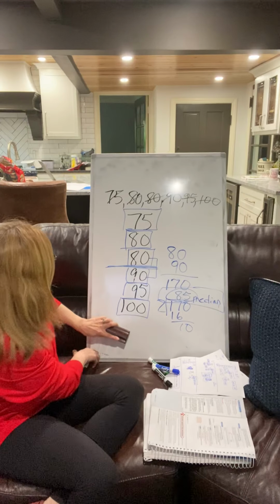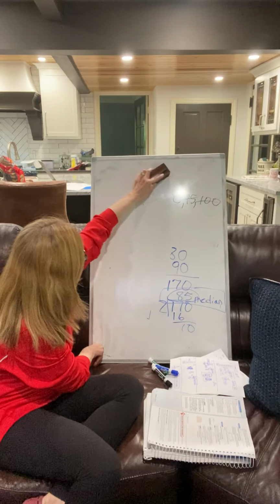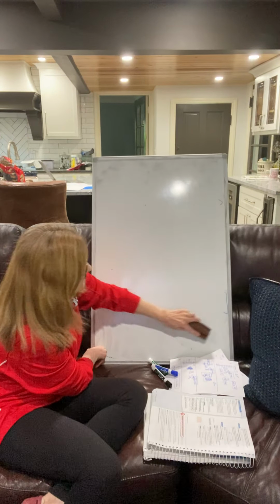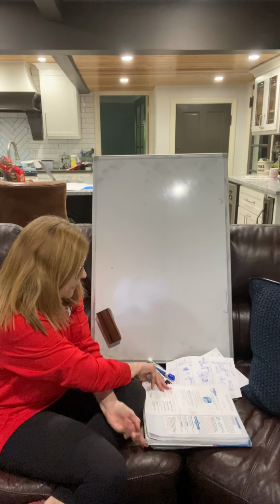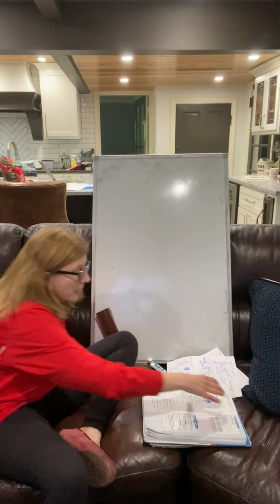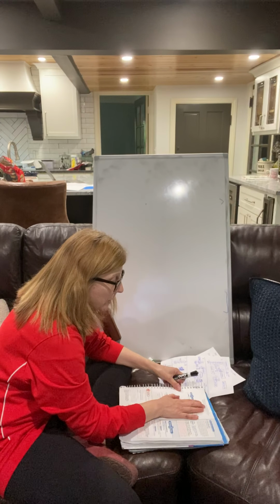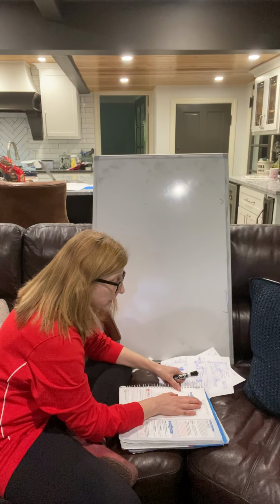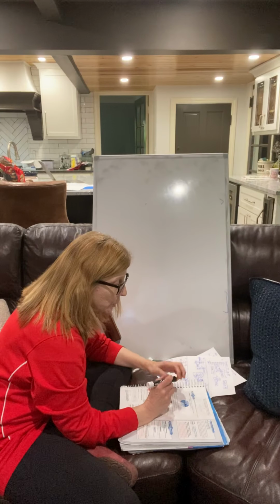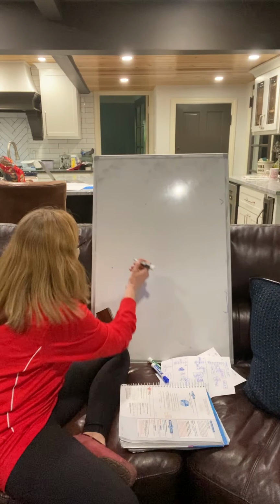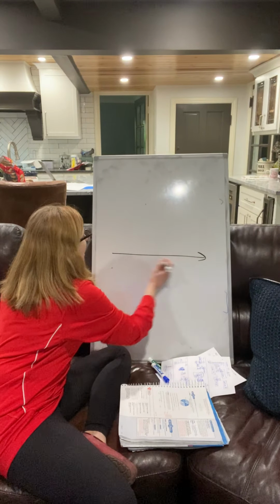Okay, let's look at D. Every X on this line plot stands for the age of a child attending a party. How many children attended the party? So you've got a line plot here.